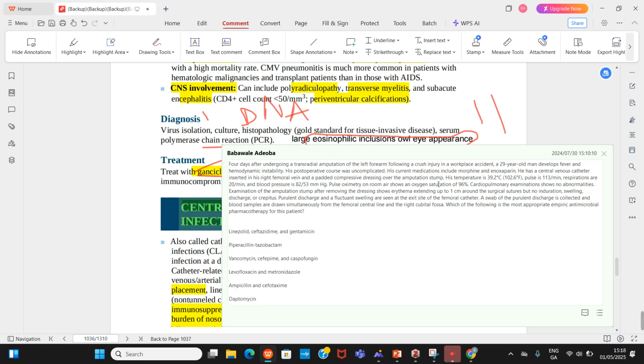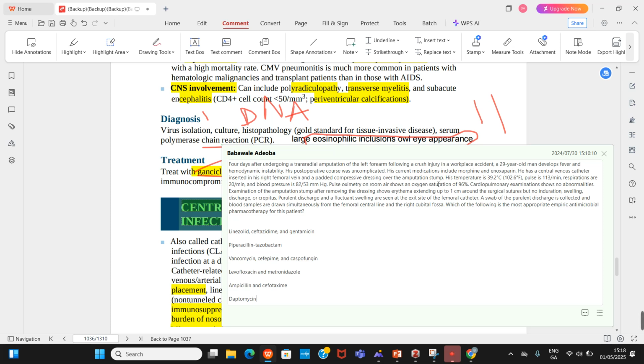His temperature is 39.2, pulse is 113, respiration is 20, BP 80, and oxygen saturation 96. Cardiopulmonary examination shows no abnormality. Examination of the amputation stump after removal of the dressing shows erythema extending up to 1 cm around the surgical suture, but no induration, swelling, discharge or crepitus.